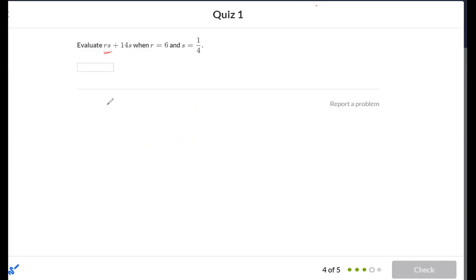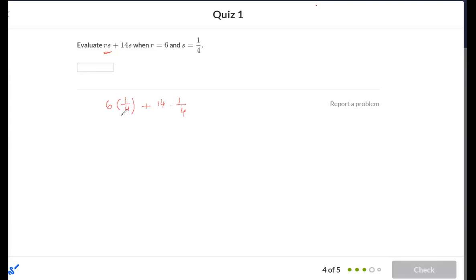So for RS, again, this is 6, and S will be 1/4. That's my first part, and 14 times S. So S is 1/4, so that's why we just need to write 1/4. You can just write it times, or you can put a parenthesis, so it's the same thing. As you see, I just put parentheses right here, and then I put times right there.